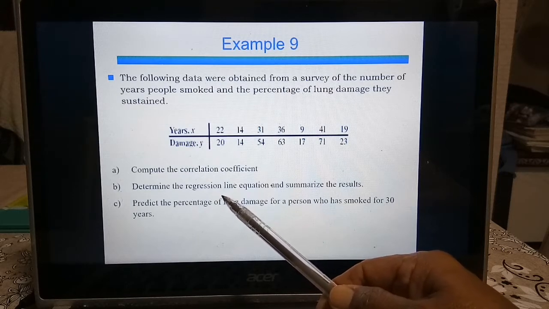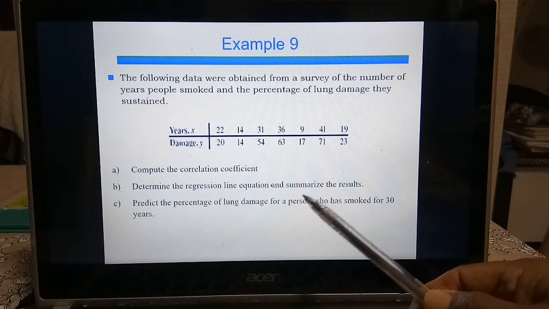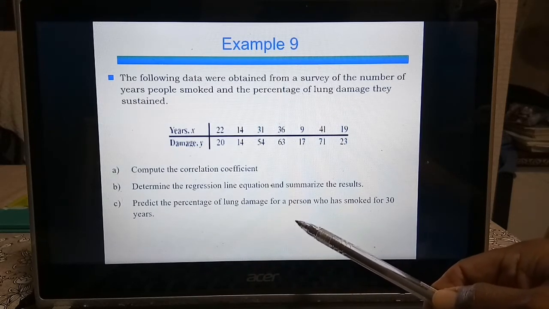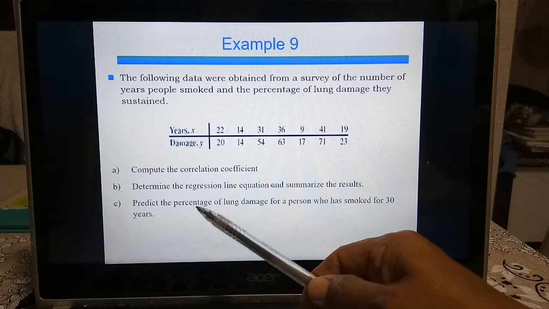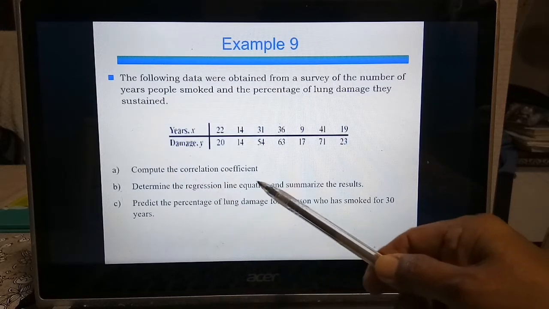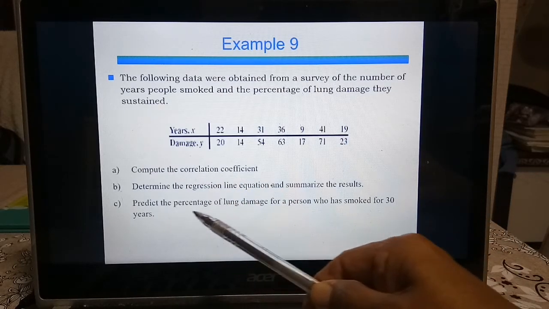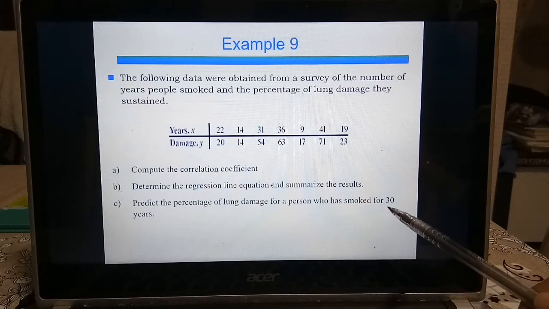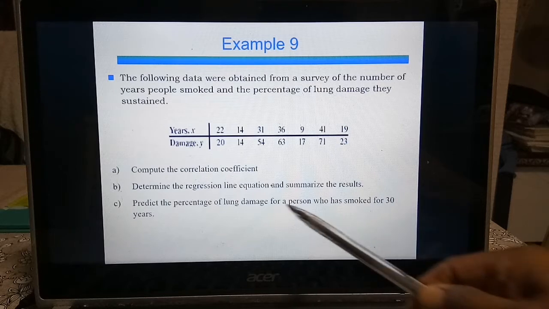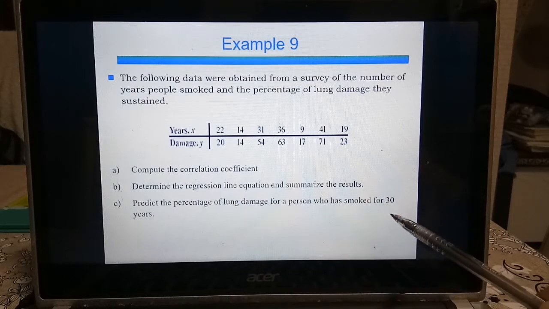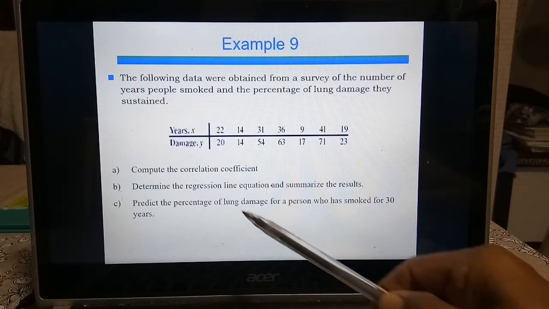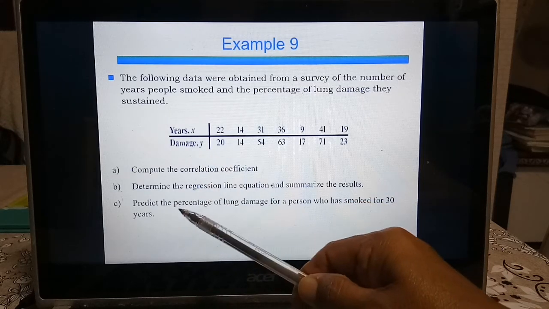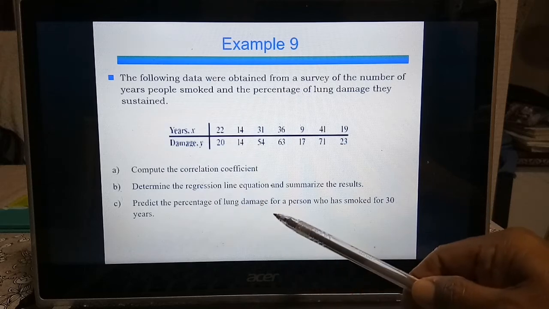Get the regression equation and summarize the result, and then predict the percentage of lung damage for a person who has smoked for 30 years. Once we have the regression equation, we can use it to predict the percentage of lung damage when X equals 30. We substitute X equal to 30 to get the predicted value of Y.